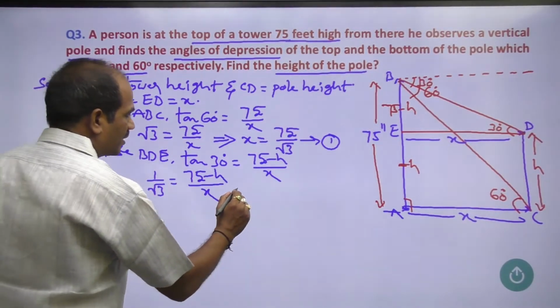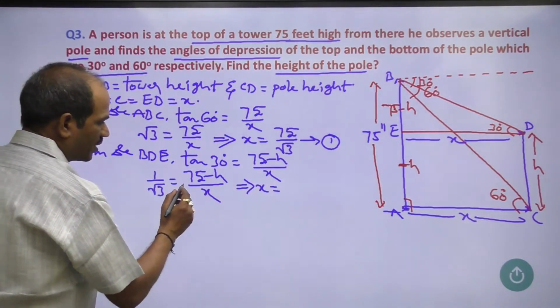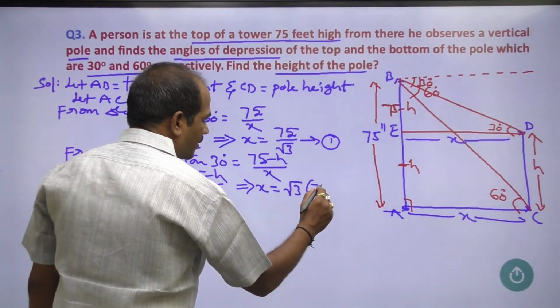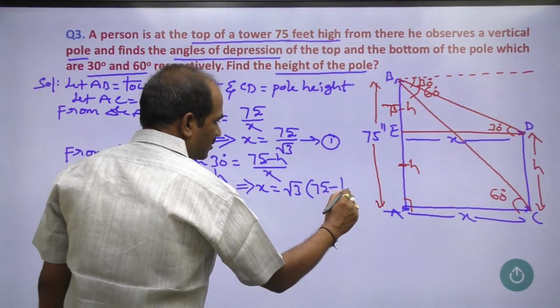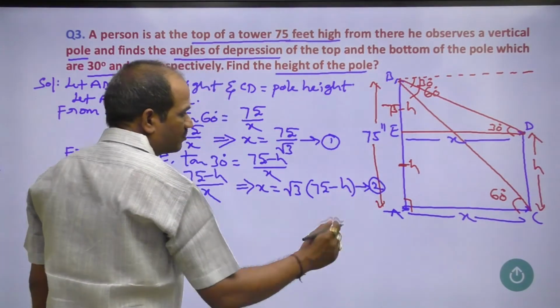Cross multiply: x is equal to root 3 into 75 minus h. That is equation number 2.